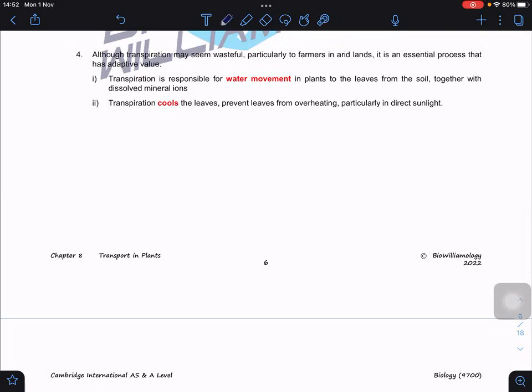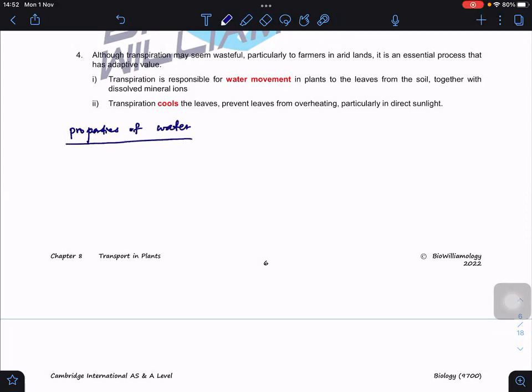So if you link it back to chapter 3, the properties of water, we involve two properties of water. First, because water molecules move, they bring along the dissolved mineral ions. So it means that water is an excellent solvent.